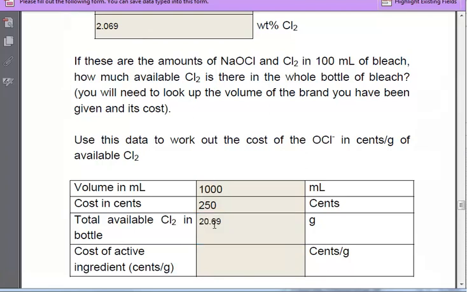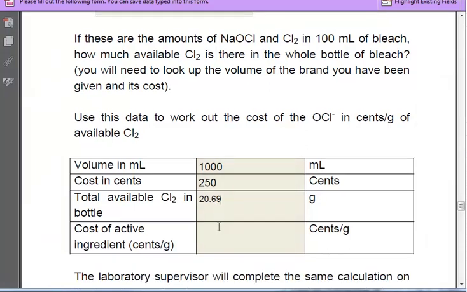Simply multiply the amount of chlorine in the bottle, in weight percent, by the volume of the bottle as a factor. So here I've got 1 litre of hypochlorite, and this is percent, so there's 10 100-gram aliquots in a litre, so I'll multiply it by 10.